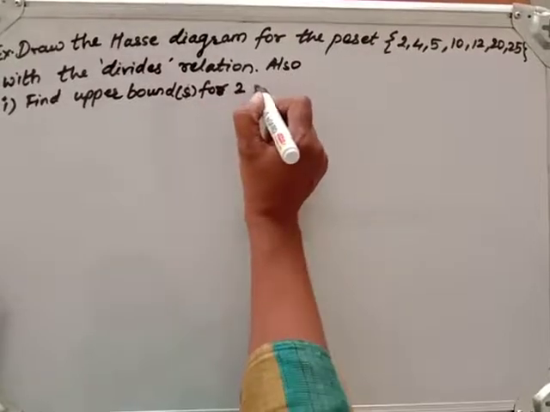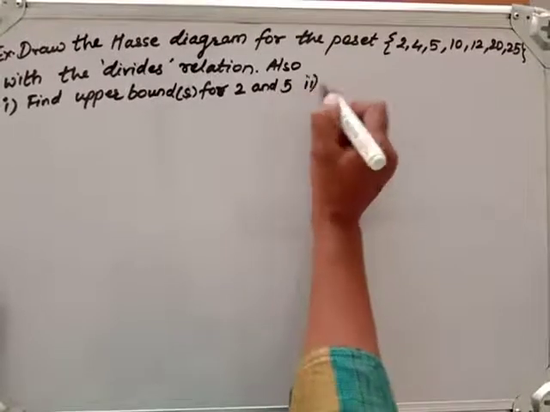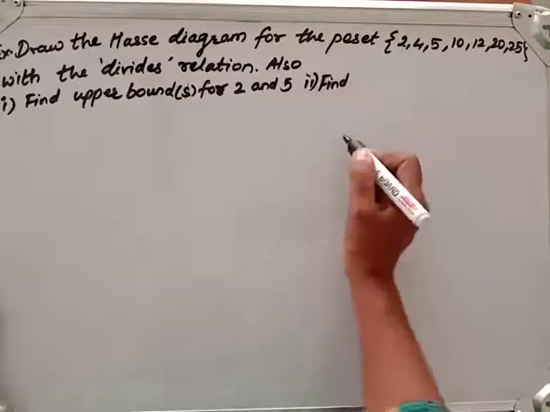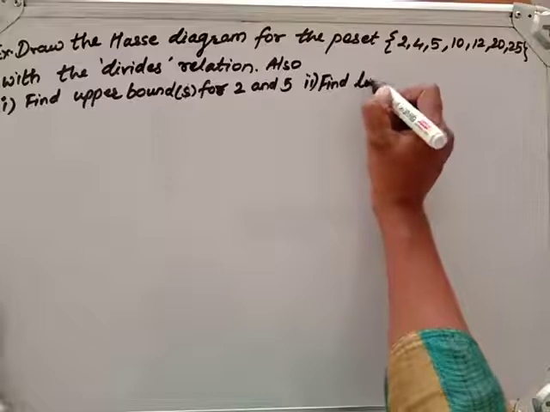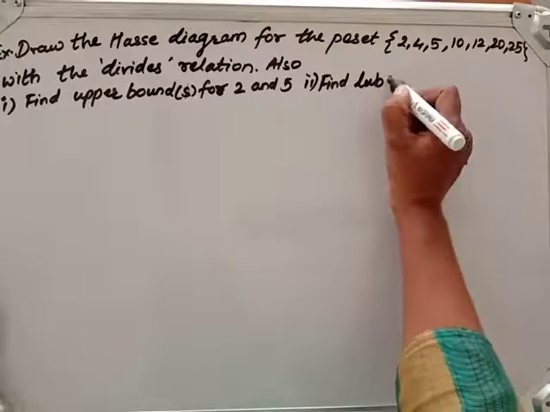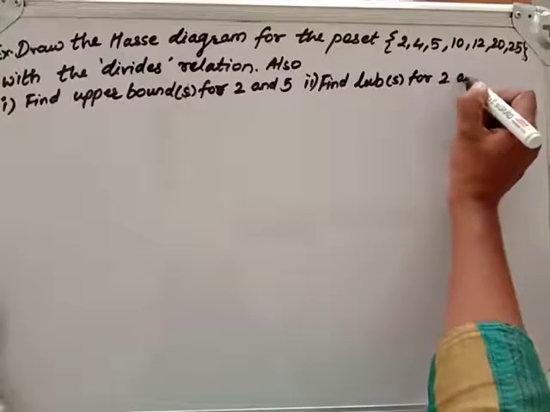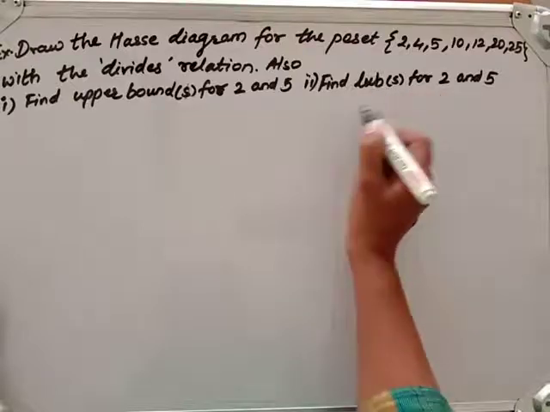For 2 and 5. Then second thing, also find least upper bound or bounds for 2 and 5. LUB for least upper bound.